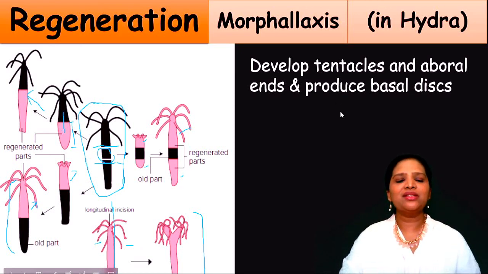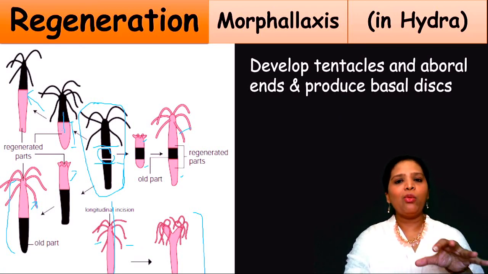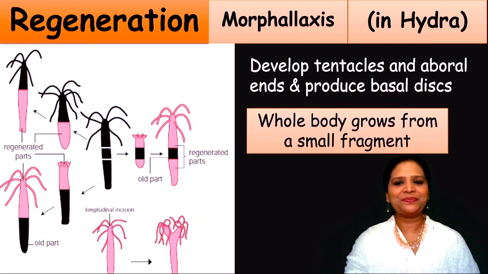This is a very, very important and interesting character. That's why scientists want to study Hydra more: how this organism has this capability, what gene is responsible for this, or what mechanism is behind this. Can we adopt this for human beings also? Like this, many researches are going on in Hydra.